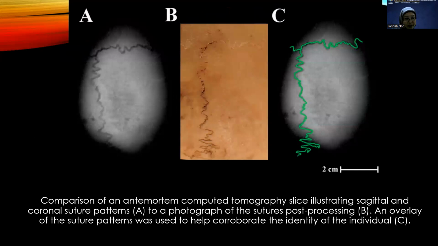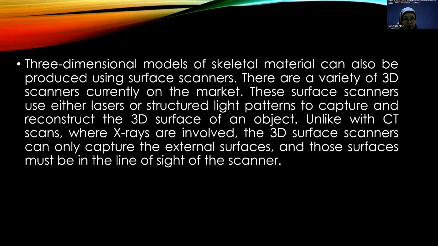This is a comparison between an antemortem CT scan and a photograph, where we can overlay the suture patterns on the skull to corroborate the identity of the individual. There are different types of surface scanners available, either using lasers or patterns of light.